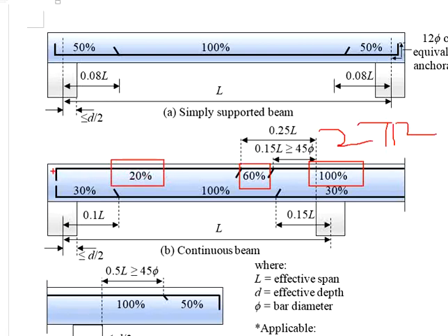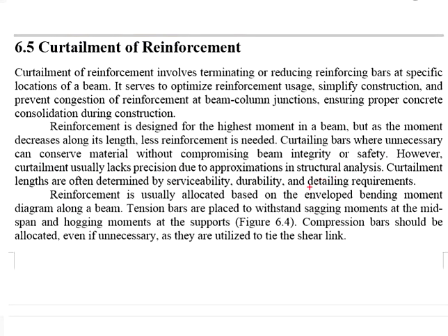Instead, you're going to have 2T12 reinforcement bar applied throughout the span without any curtailment. This is what it means by curtailments can sometimes be influenced by the other requirements.